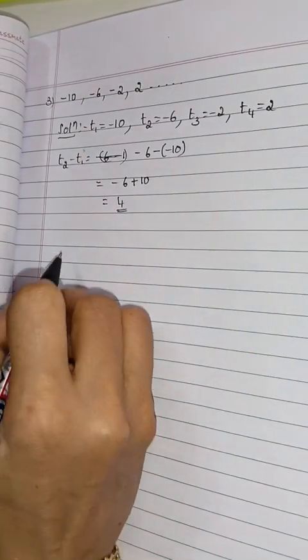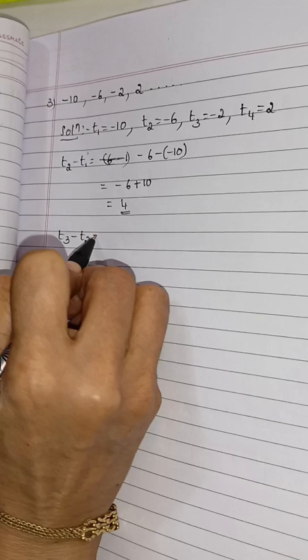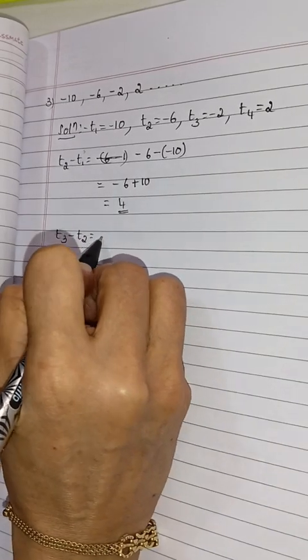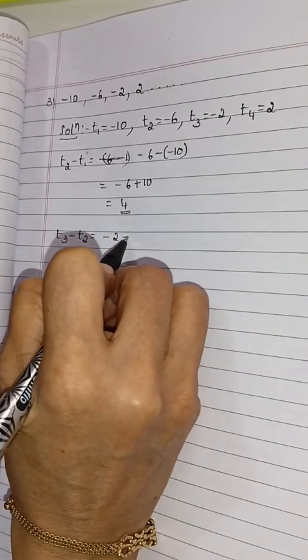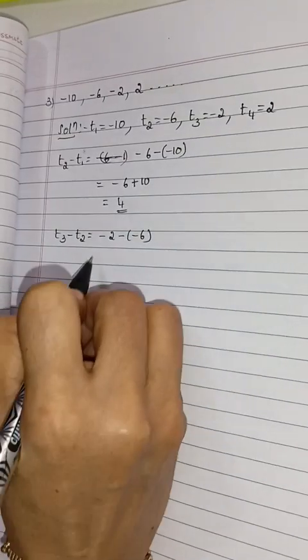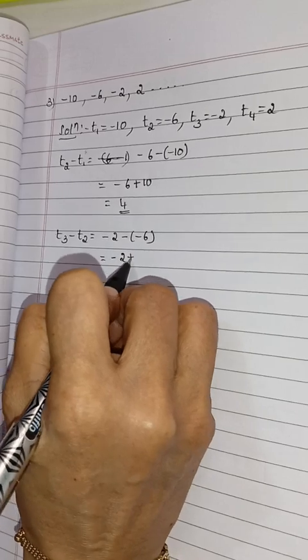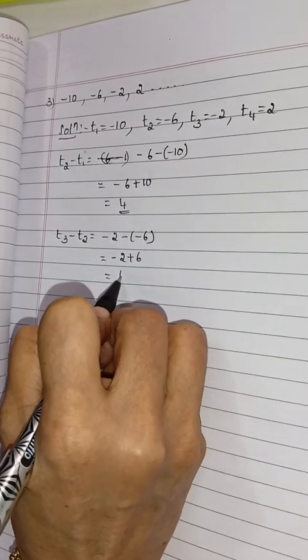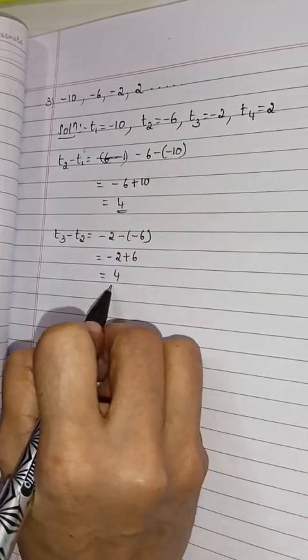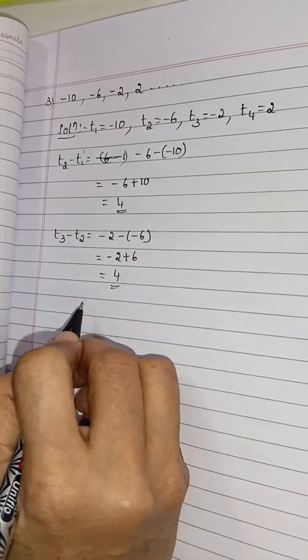Second one, T3 minus T2. T3 is minus 2 minus T2 which is minus 6. So minus 2 minus minus 6 becomes plus 6, that is again plus 4.